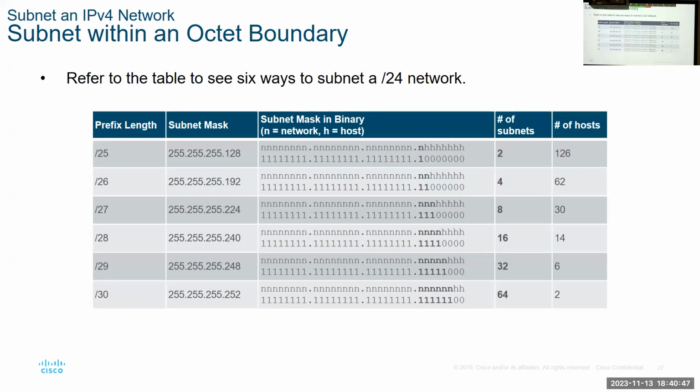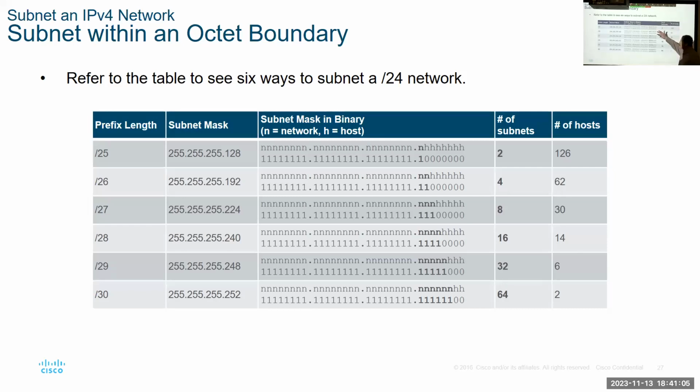Okay, so if you're starting with a /24, these are the possible prefixes and subnet masks that you could use, depending on how many networks you need in combination with how many hosts you need on each of those networks.